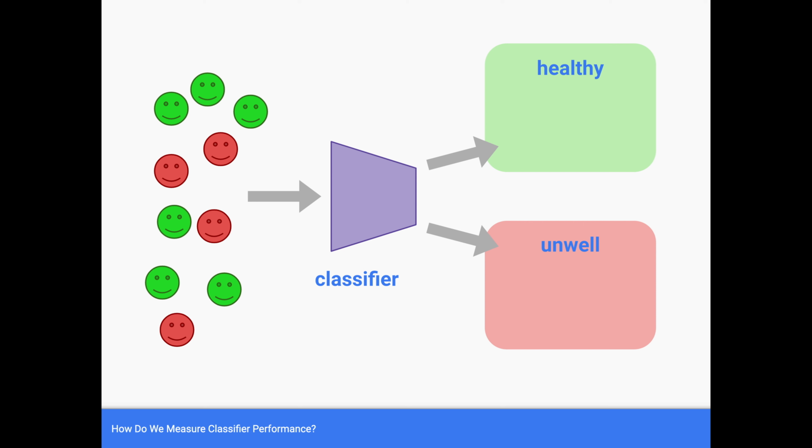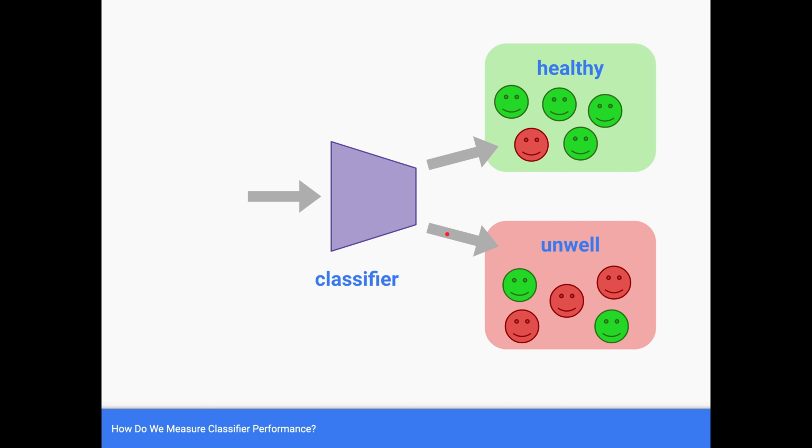It doesn't actually matter. All that we are interested in is how it behaves, without having to know the ins and outs of what's happening inside this box. And the job of this classifier is to place these people as either healthy or unwell, one of the two classes.